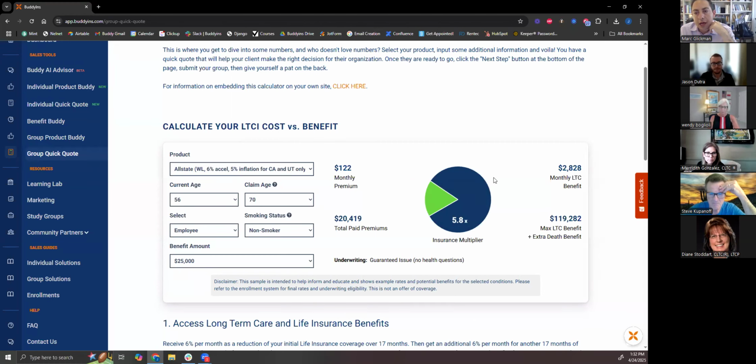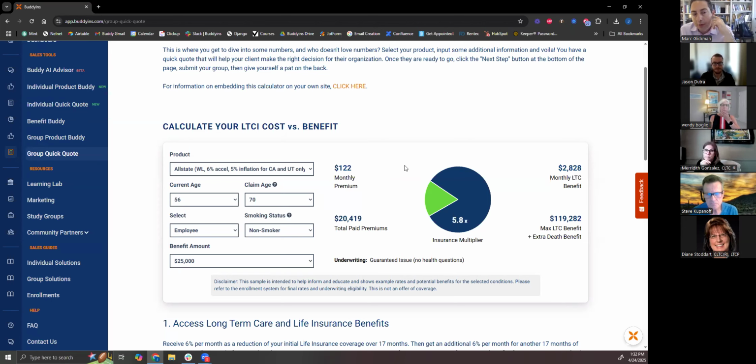And if they add their spouse or partners, I understand they don't count as part of the equation, but we can still quote for them. Correct. Yeah, the only thing that's going to be variable is how much guaranteed issue they can get as a maximum. And for spouses, generally speaking, we get about 20,000 guaranteed issue with Allstate.